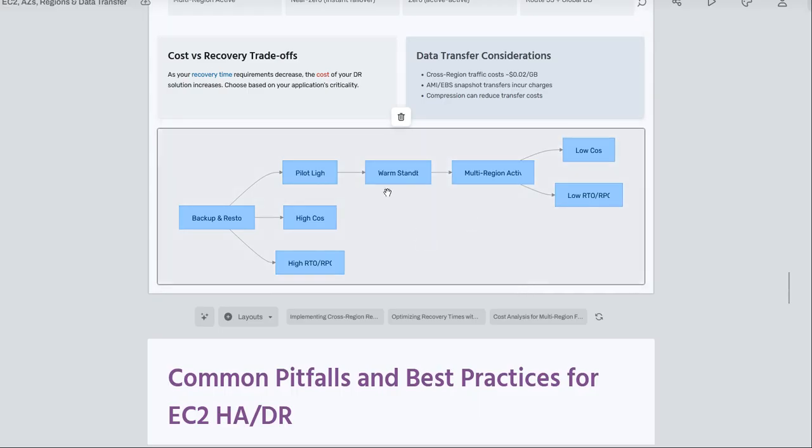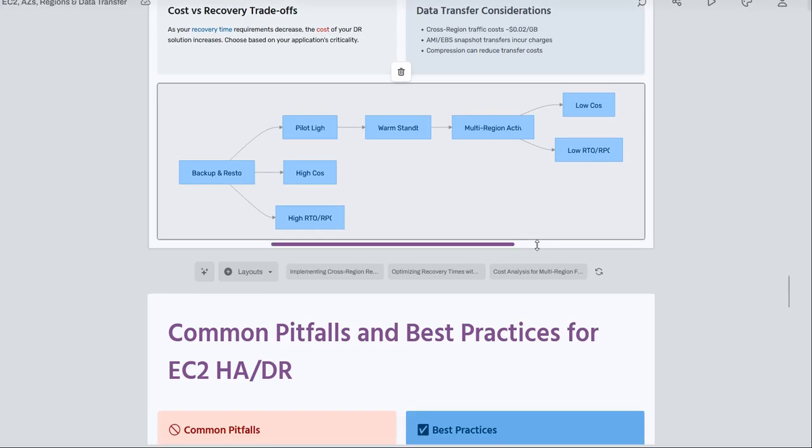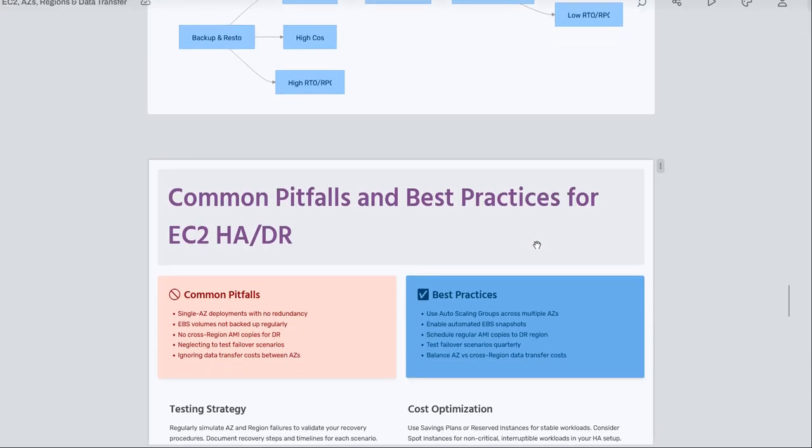Then warm standby, and then you've got multi-region active, with low cost and low RTO, RPO. So these are the things you need to consider when you are deciding what you want to do with your RPO and RTO.